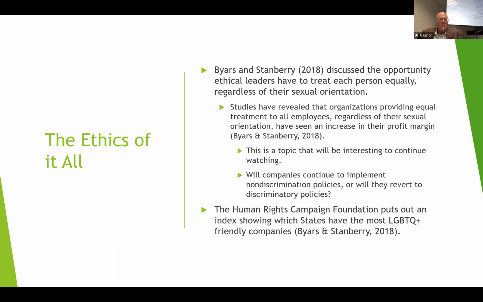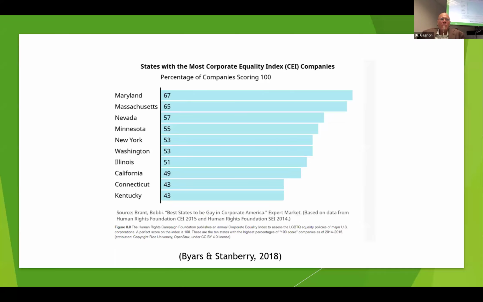Will companies continue to implement non-discrimination policies, or will they revert to discriminatory policies? The Human Rights Campaign Foundation put out an index showing which states have the most LGBTQ plus friendly companies. And that's what we're looking at. In 2014, because in the book it was 2018, but the report was published in 2014, Maryland was at the top of the list.